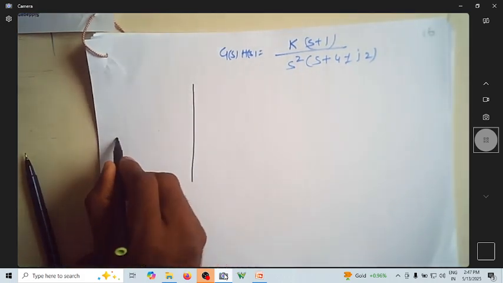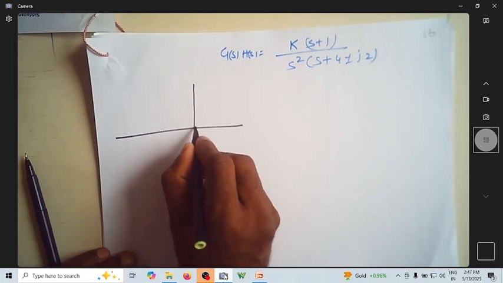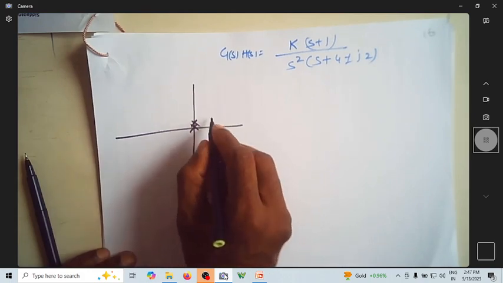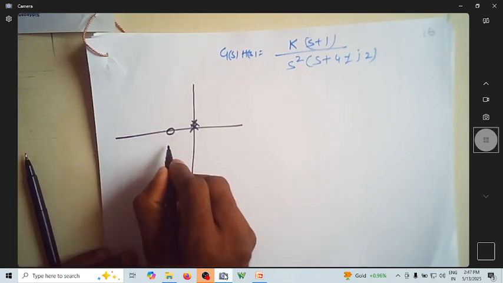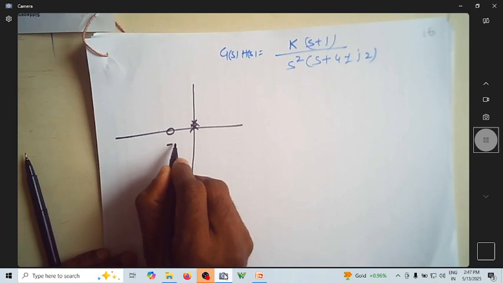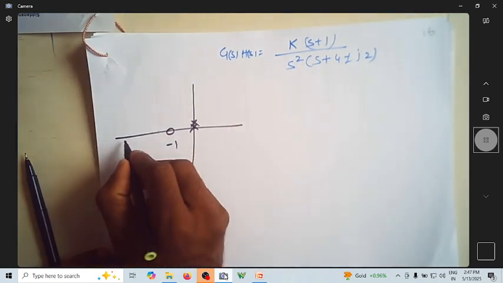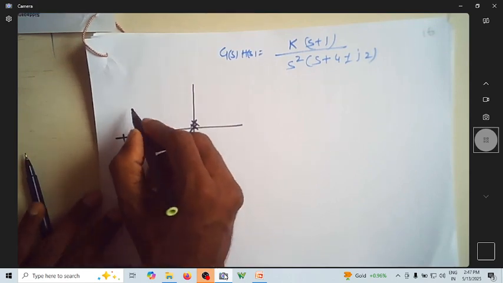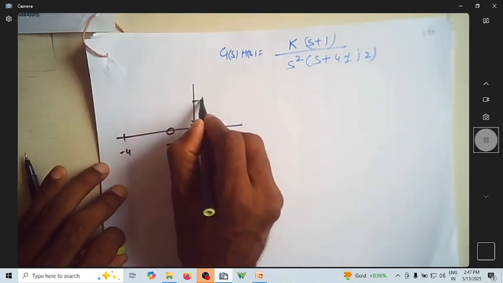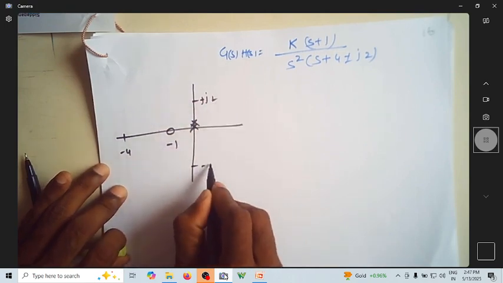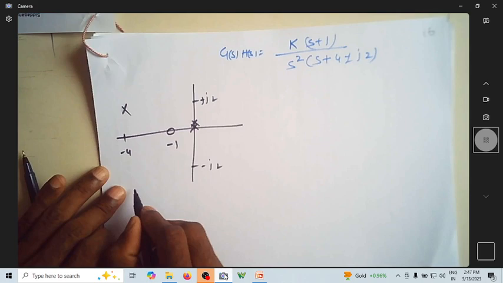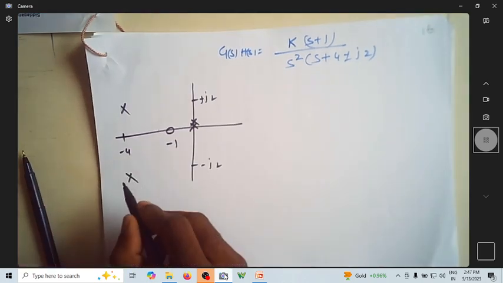Now I will write: these are my repeating poles at the origin. So there is a zero at minus 1. The pole is at minus 4, and these are at plus J2 and minus J2. So naturally it comes over here. Correct? So this is my pole position.